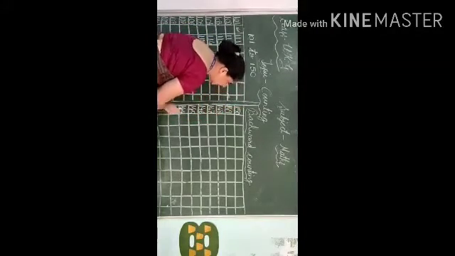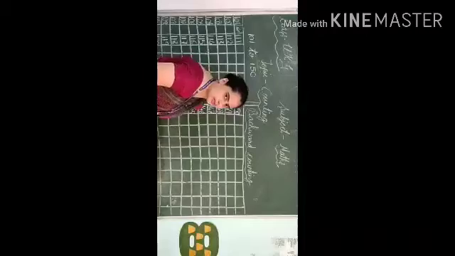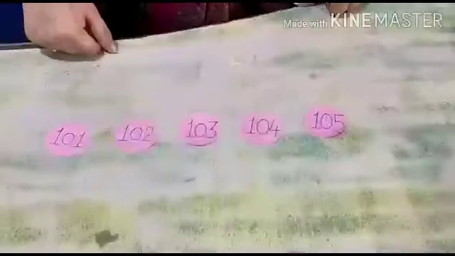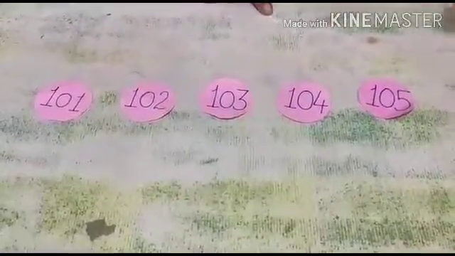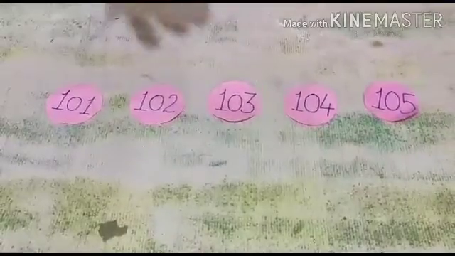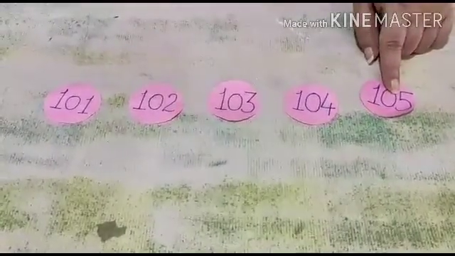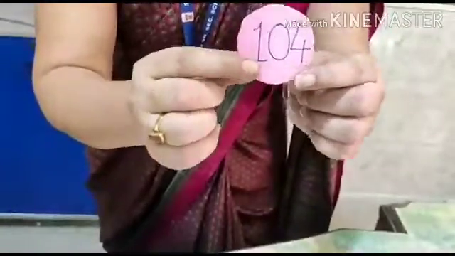If you finish one line, then leave one line. In the next line you have to start other numbers. Okay children? So I will show you from the circles. In this line, which number is the biggest number? Now I am teaching you backward number. 105 is the biggest number. So we have to write first this, then before it 104.